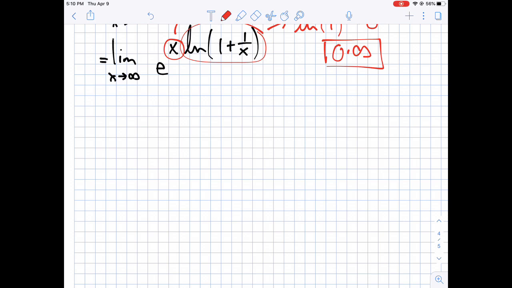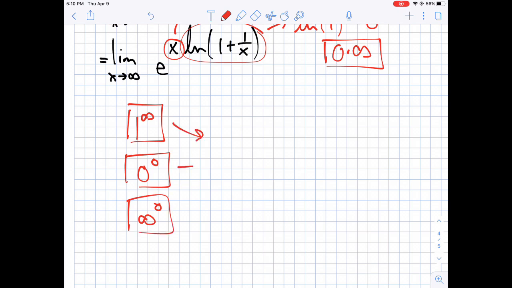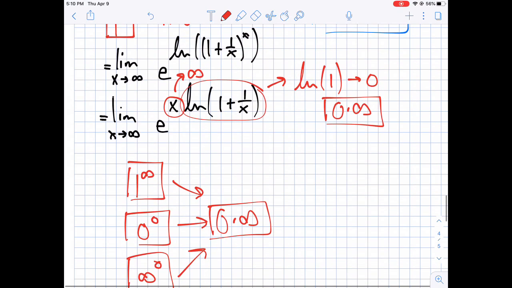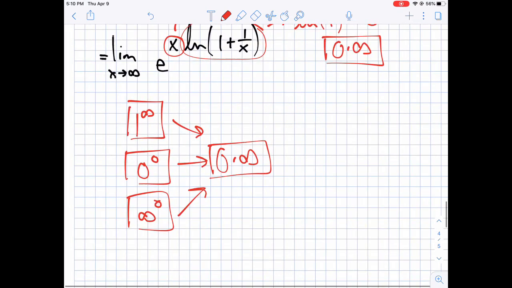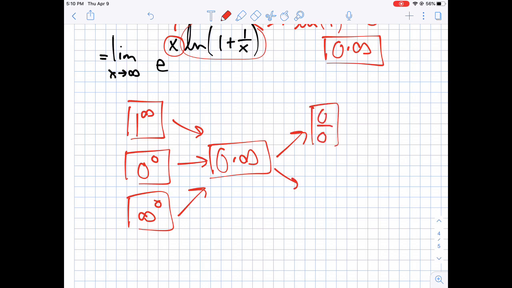So remember, if we have any of the exponential indeterminate forms, you can do this same trick using logarithms to turn it into 0 times infinity. And now that we have 0 times infinity, we know based on the last example that we can always switch it over to be 0 over 0 or infinity over infinity.